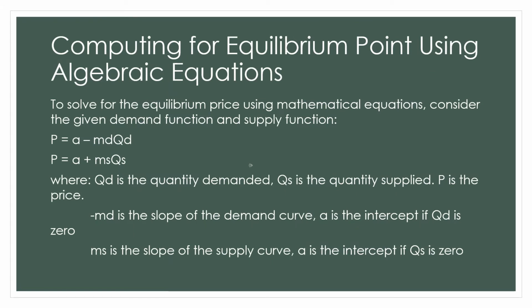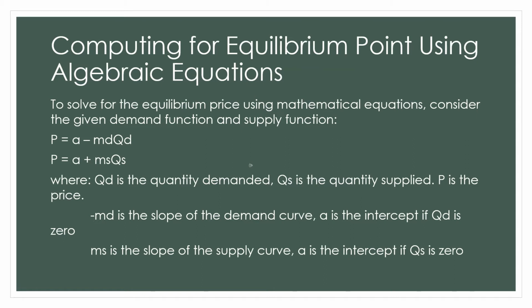Okay, so we need the supply function and demand function to compute for the equilibrium point. So here, the given supply function and demand function is, for demand function, we have P equals A minus MD QD, where MD is the demand slope, QD is the equilibrium quantity demanded, and A is the intercept if the quantity demanded is 0.